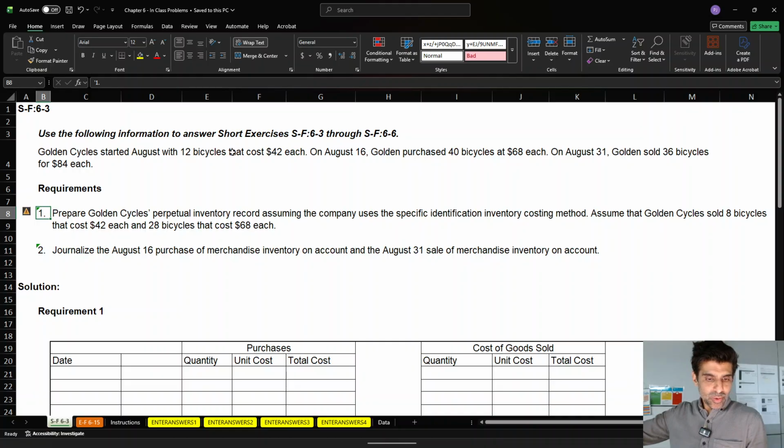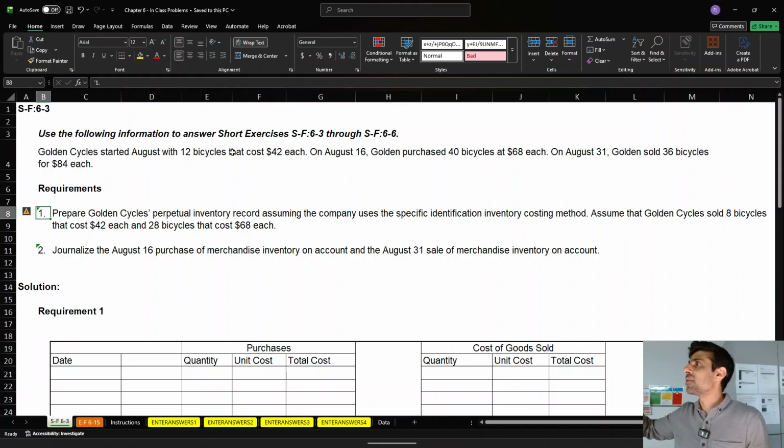You can assume you're selling them for cash. It's giving you information on the different unit costs, and it's telling you when the sales transactions happened, which bikes from which bucket of costs were sold.